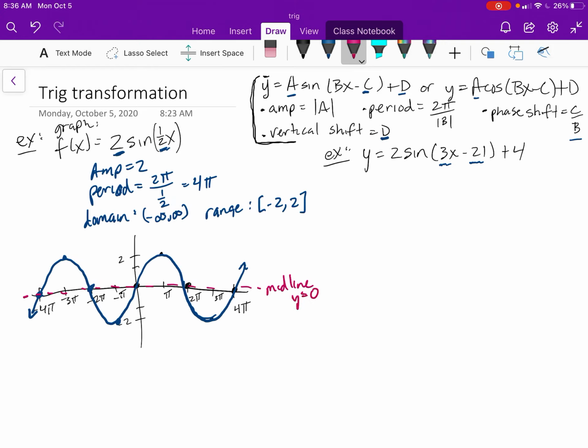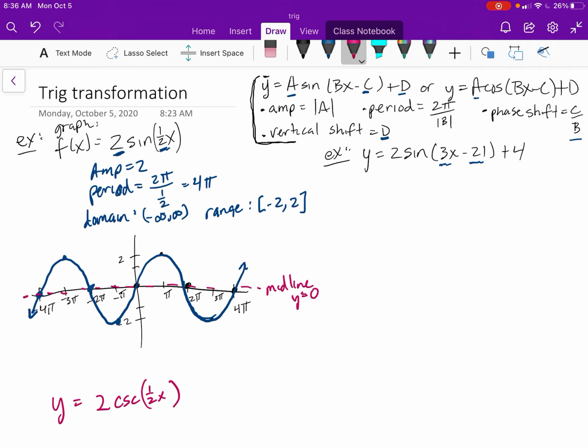Now, while I have this graph, I'm going to also, we'll do it in pink, I guess, consider this function: 2 cosecant 1/2 x. So the reciprocal function.